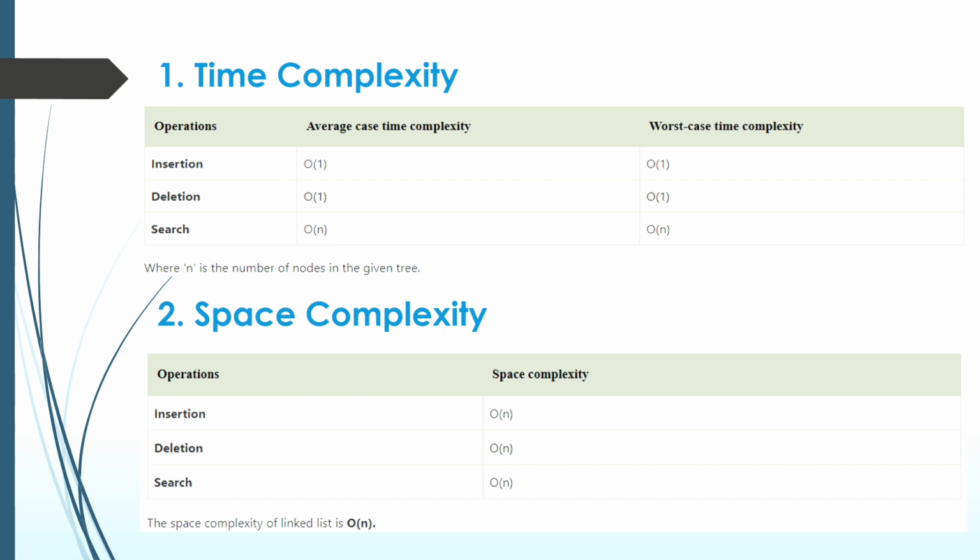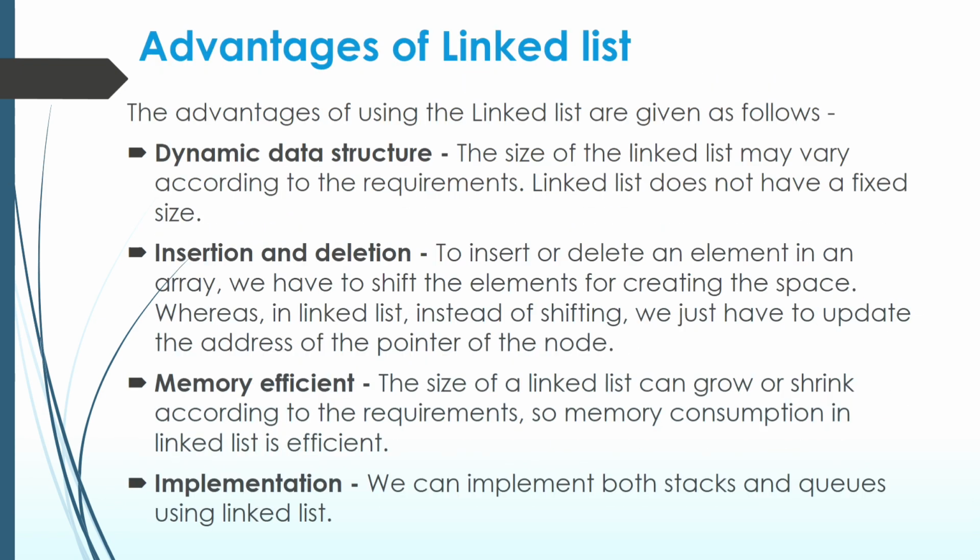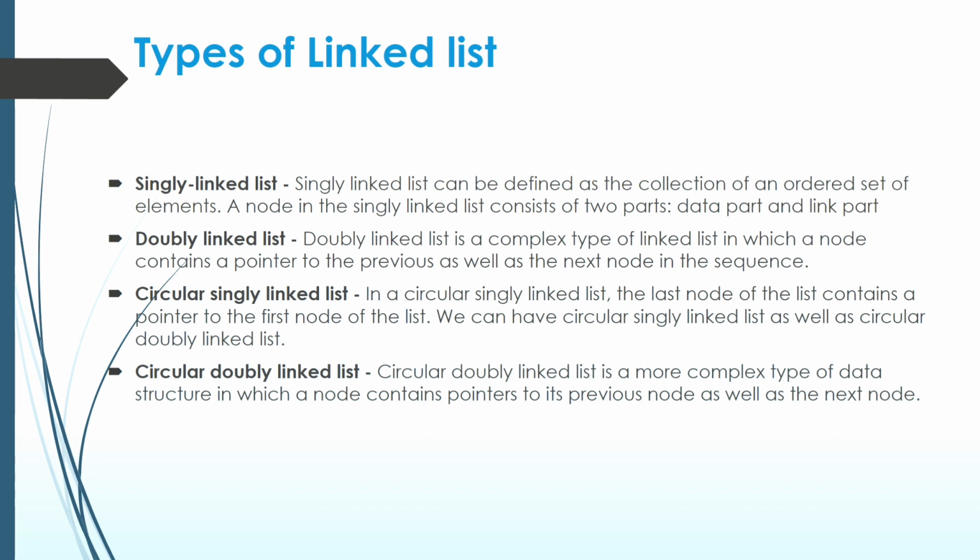But I must say the types of linked list, for example, if I show this slide, then you can see that single linked list, double linked list, circular single linked list and circular double linked list, each and every linked list have unique data functions, and that will be a very broad one, so that is not possible for me to explain to you guys.